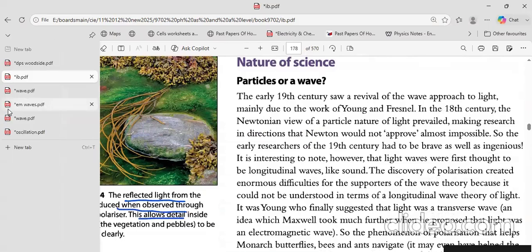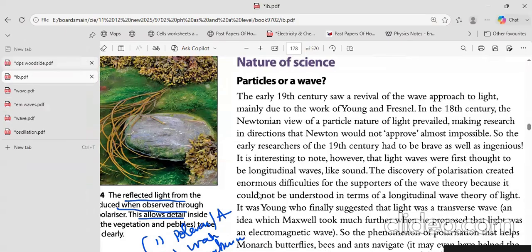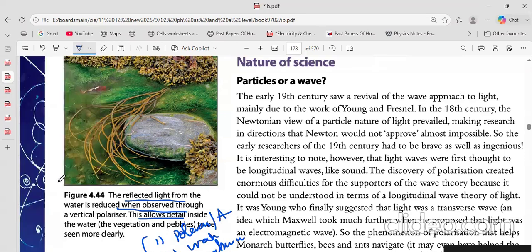So polarizing is done through one, a polarizer and analyzer combination, two, water reflection, and three, scattering. Scattering is when light hits dust particles in the atmosphere, it scatters it and also polarizes it. So there are three ways you can polarize.